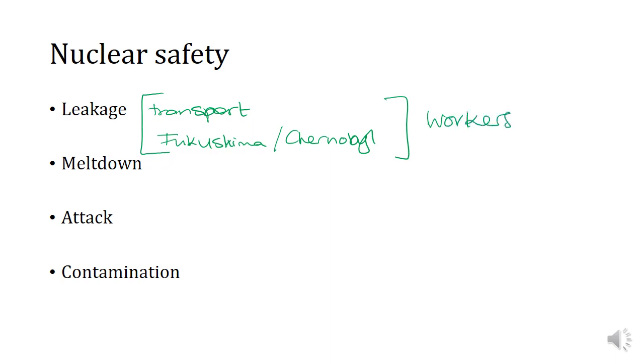If it gets into water supplies, that's going to be an issue. It could be released as a gas unintentionally. One of the isotopes that can get out that's quite dangerous is iodine-131.